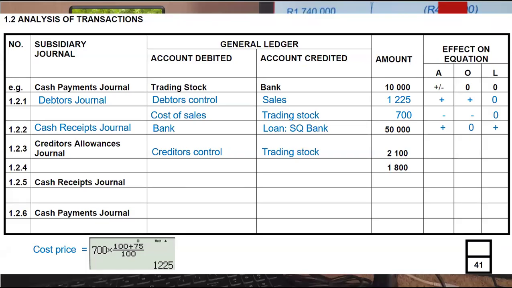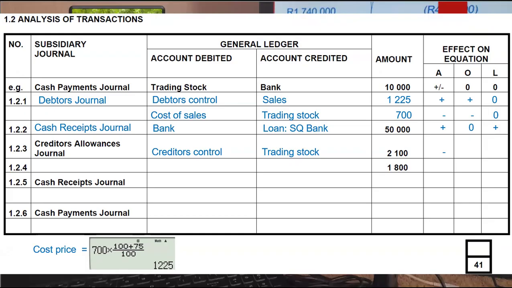And because we returned trading stock, assets will be affected. Trading stock is an asset. And when you see an asset being credited, it simply means one thing: assets are decreasing. Owner's equity is not affected here because creditors control and trading stock don't fall under owner's equity.